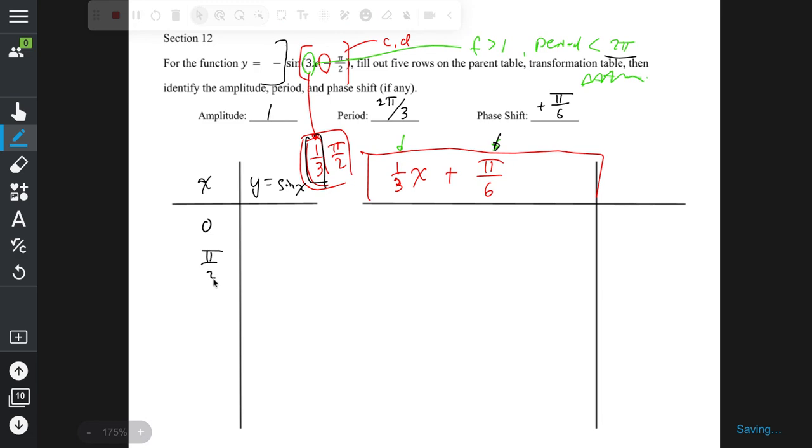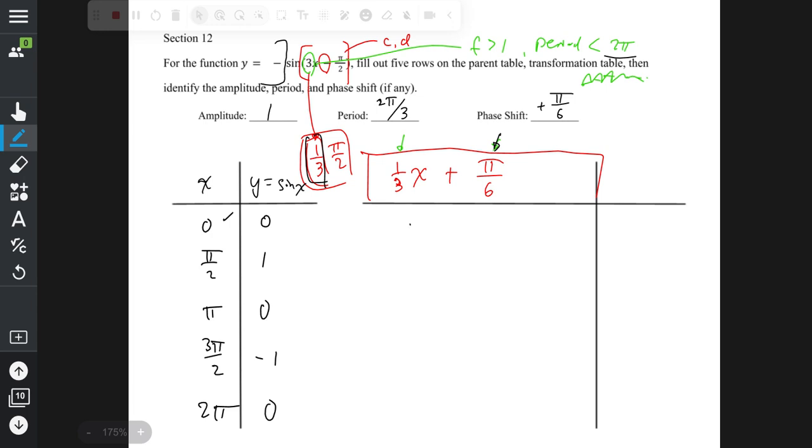Okay, parent table, x, y, which is sine x: 0, pi over 2, pi, 3 pi over 2, and 2 pi. Okay, for sine, these values would go 0, 1, back to 0, -1, 0. All right, so let's take 1/3 of this and then add pi over 6.